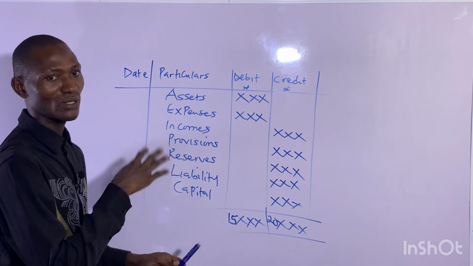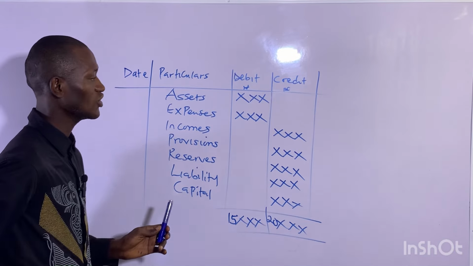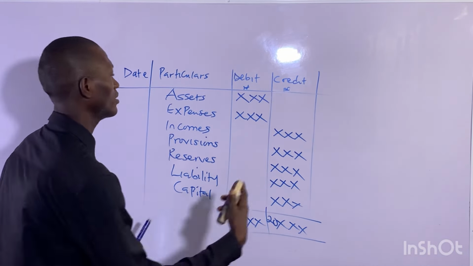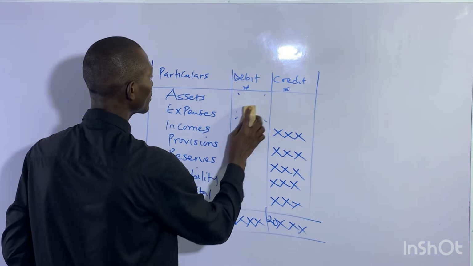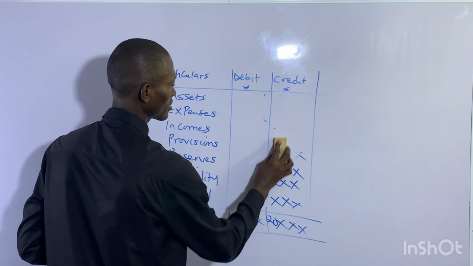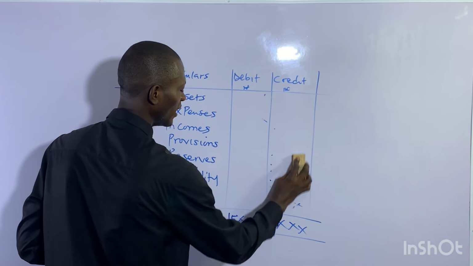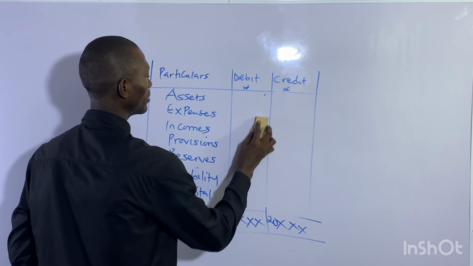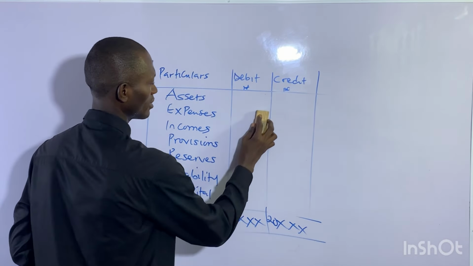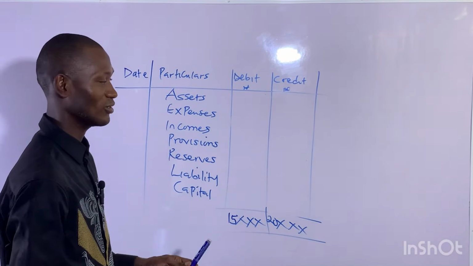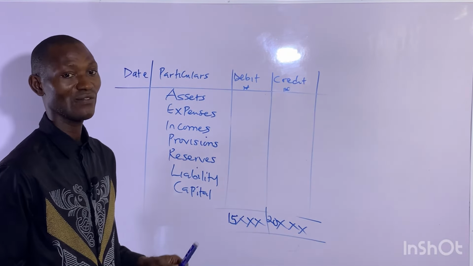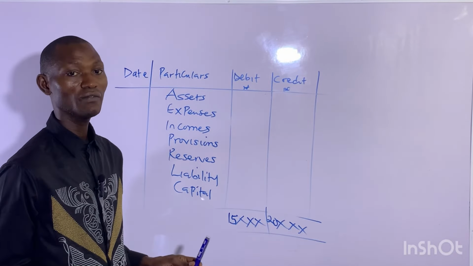Now, another aspect of the trial balance which I want to explain is this. Since you already understood it, let's go a little bit further regarding the golden rule of trial balance, because these are the foundation. Trial balance is one of the topics that forms the foundation of financial accounting.